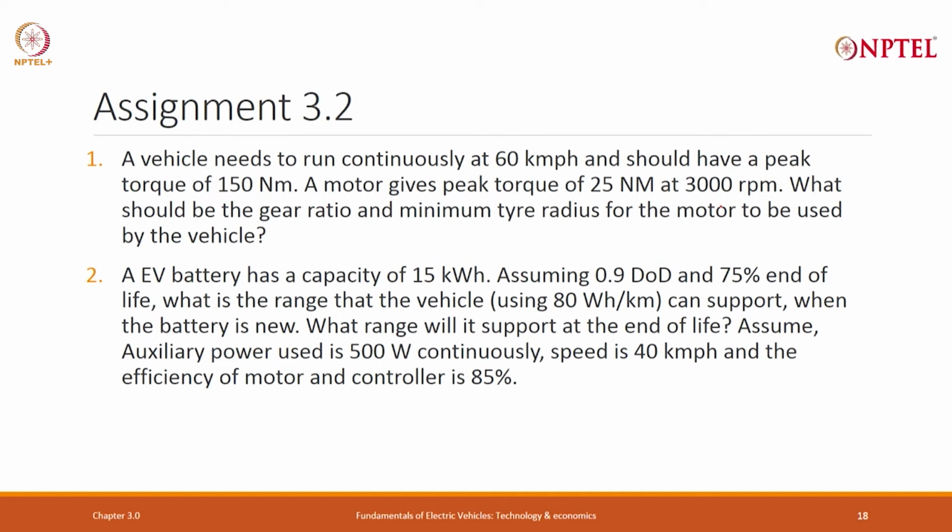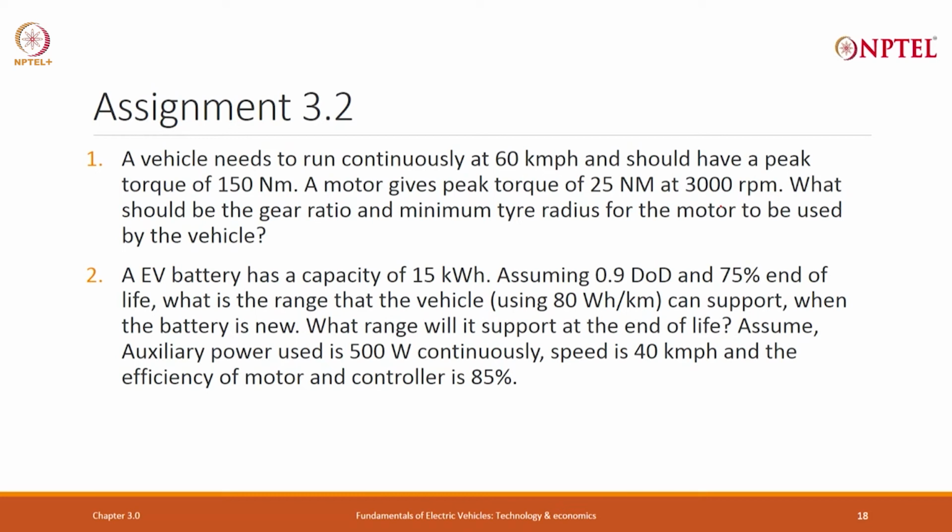In the second question, I have given you a battery with a capacity of 15 kilowatt hour, but I am assuming 0.9 DOD, depth of discharge, and 75% at end of life. Assuming that a vehicle consumes 80 watt hour per kilometer, what is the range that the vehicle can support on average when the battery is new, and when the battery is near the end of life?